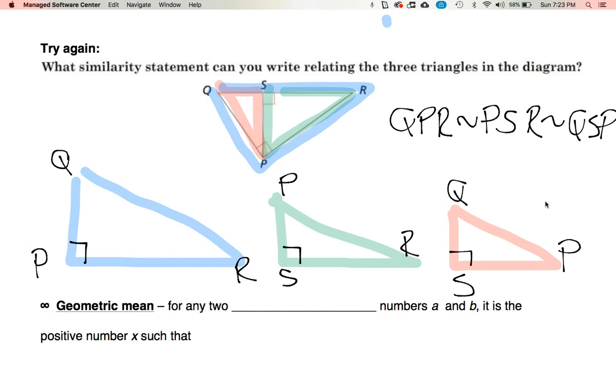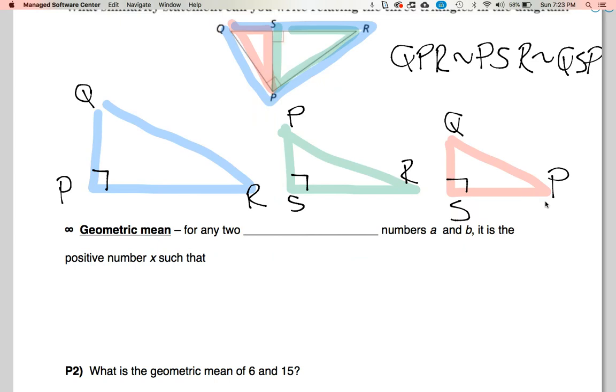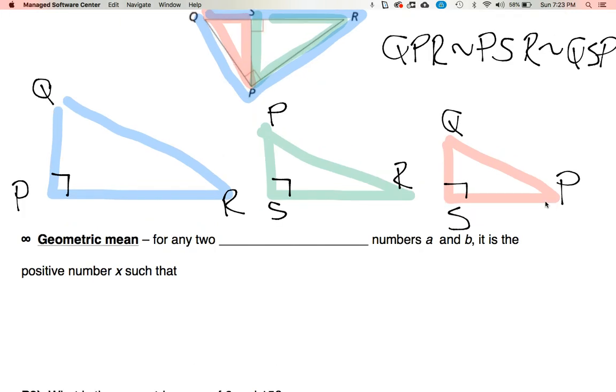All right, now when we draw this altitude in here, the location that it hits this hypotenuse breaks up this triangle in a very special way. And it breaks it up in what we call a geometric mean. And what that stands for is for any two positive numbers, let's just call them A and B right now, it is the positive number x.